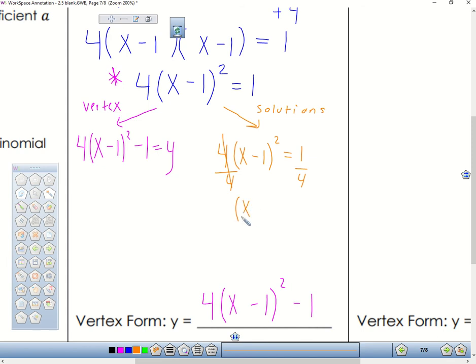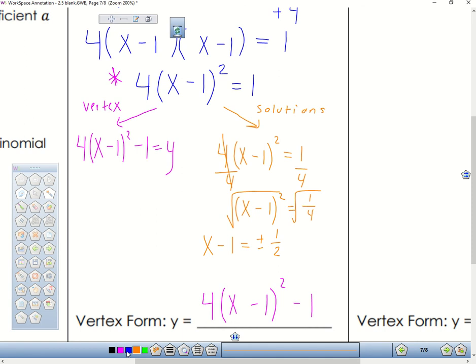That's going to give me x minus 1 squared is equal to 1/4. And then how can I get rid of a second power? Square root it. That's going to give me x minus 1 is equal to plus or minus 1/2, because I square root the numerator and square root the denominator, and that's how I got 1/2.